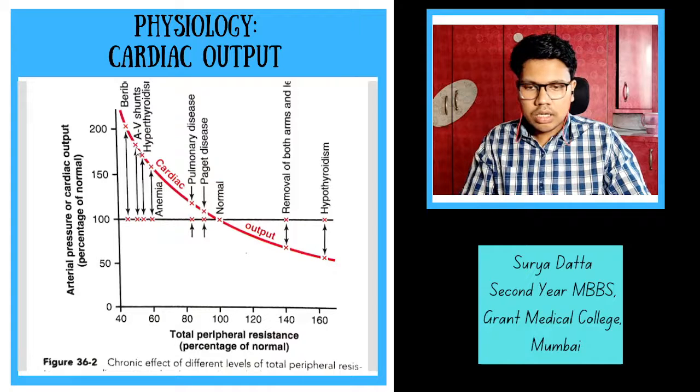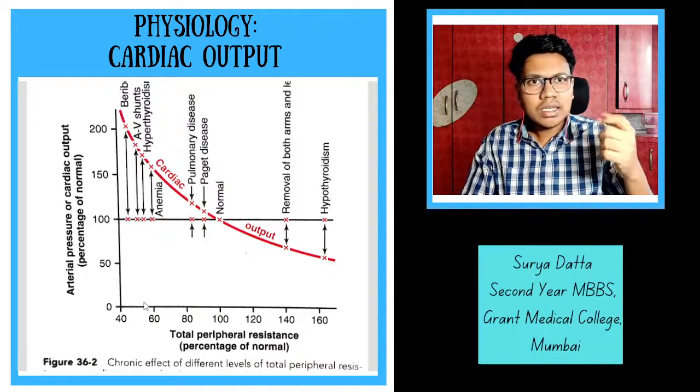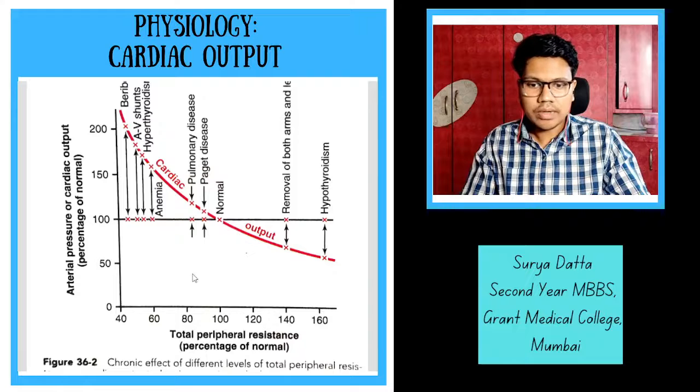The cardiac output will keep decreasing as the peripheral resistance increases, because how is it supposed to pump? It will be inversely proportional, right? When the peripheral resistance is very low, the heart can quite easily overpower the tubes and just rush the blood through. So the cardiac output is naturally going to be quite high.